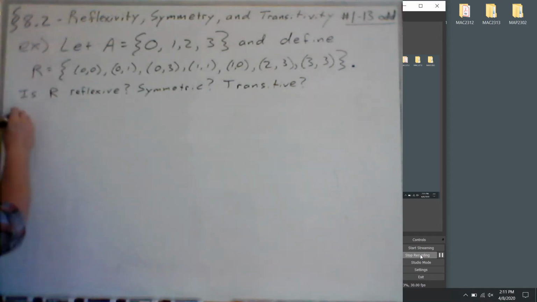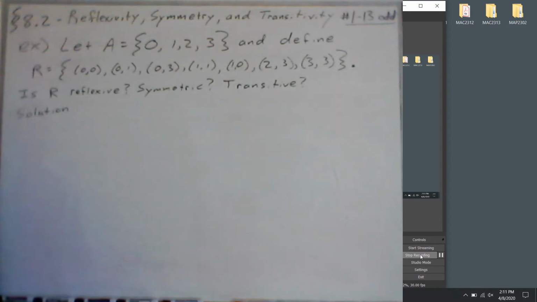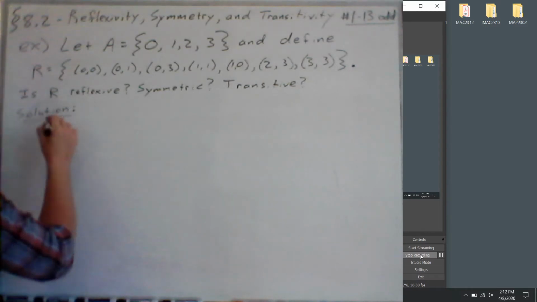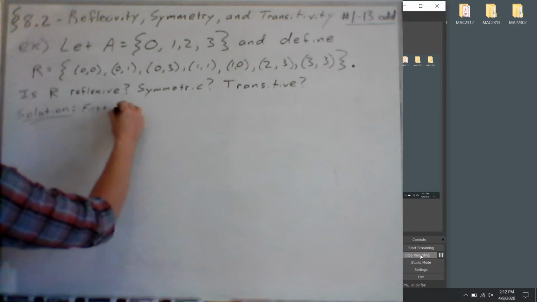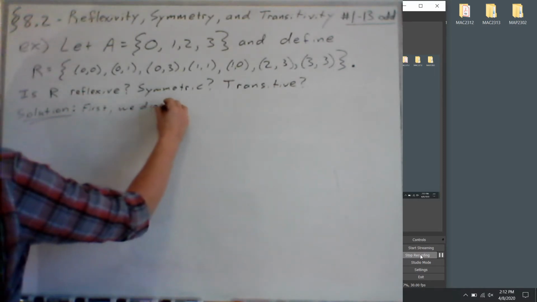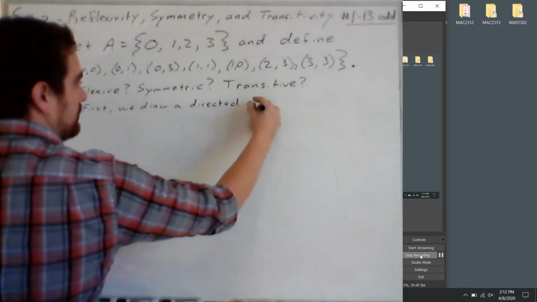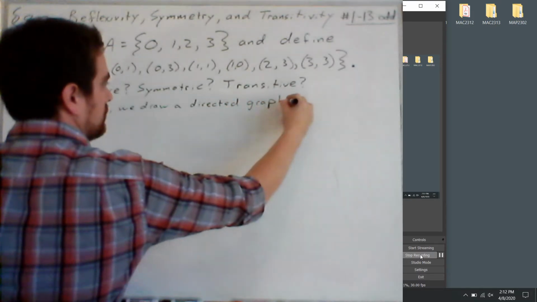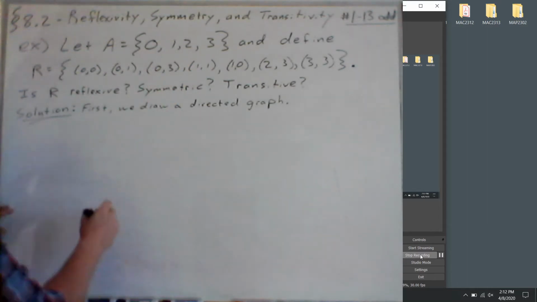Since it is a nice finite relation, we can show our solution by drawing a directed graph. So first, we draw a directed graph, which means our set A, these 4 elements.